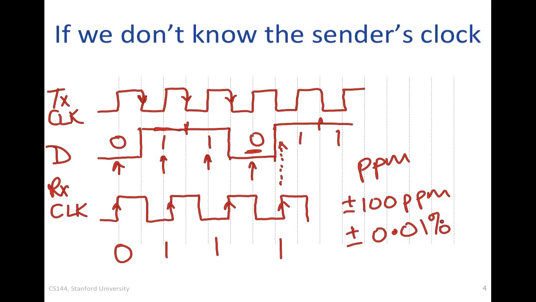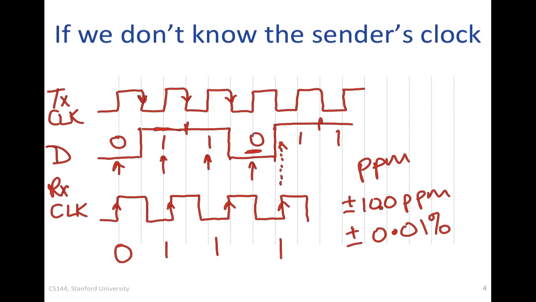In fact, you can get clocks that are as close as 50 parts per million. Still, if we go over enough bits, so if it's 100 parts per million, we would have to go over about 10,000 bit times, and we would have shifted by a complete bit in either direction. And we don't know whether the receiver is running faster or slower than the transmitter, so we don't know whether we're going to accidentally double sample a bit or miss a bit completely.